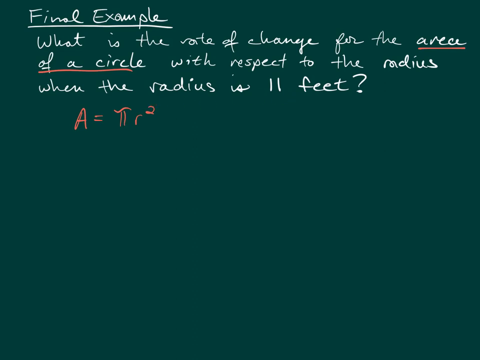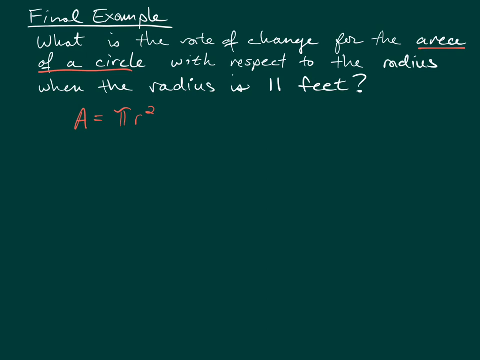So using the idea in the last example, I only see one instance here instead of the question being what is the average rate of change between 9 feet and 11 feet. Nope, we just have one number to work with, and that number is 11.